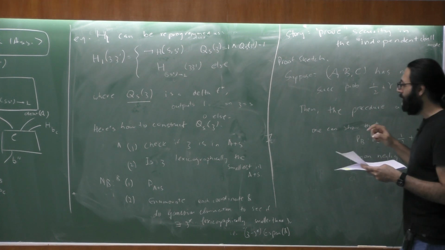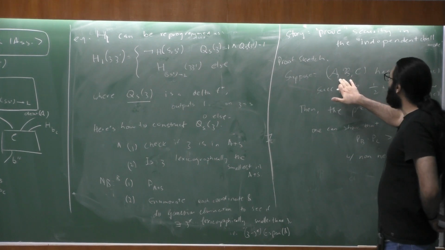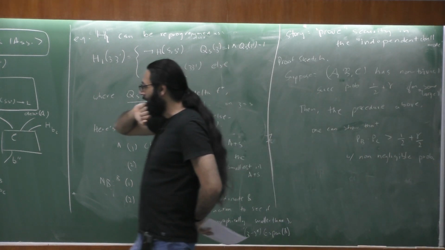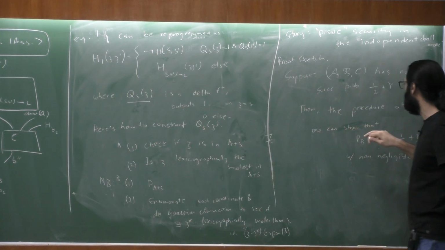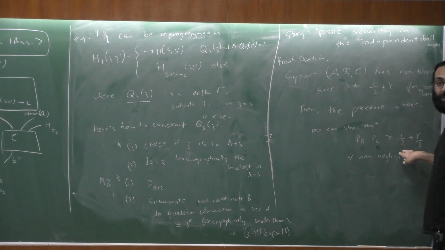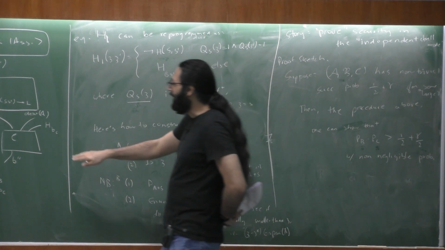the argument that we had before somehow shows that if you start with any adversary for the independent challenge mode, then one can deduce using that procedure that the product of the success probabilities has to be half plus non-negligible, simultaneously.